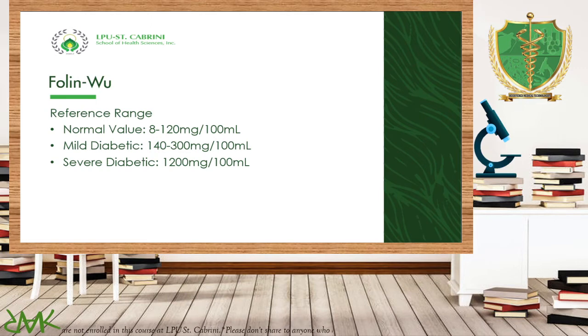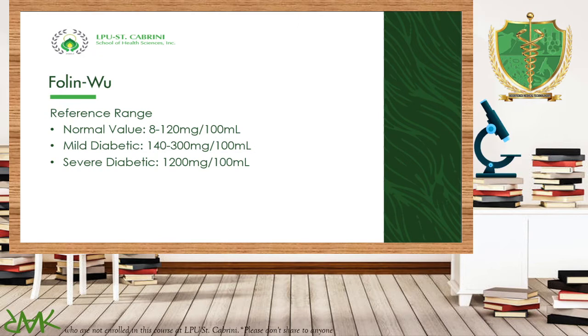However, if your glucose analysis is between 140 to 300, we can say that you have mild diabetes. Okay, sir, how about the 121 to 130? That is the range wherein we consider it as a pre-diabetic stage.